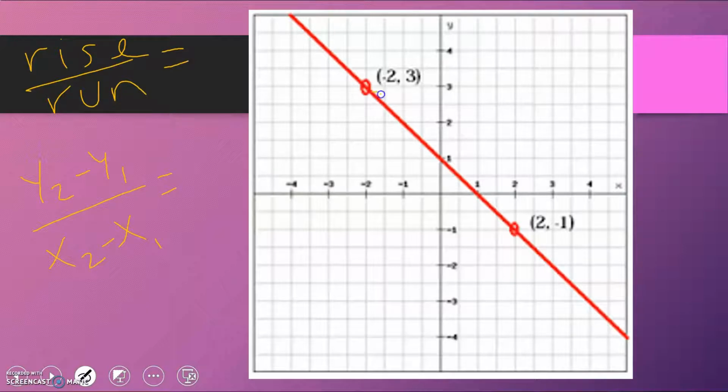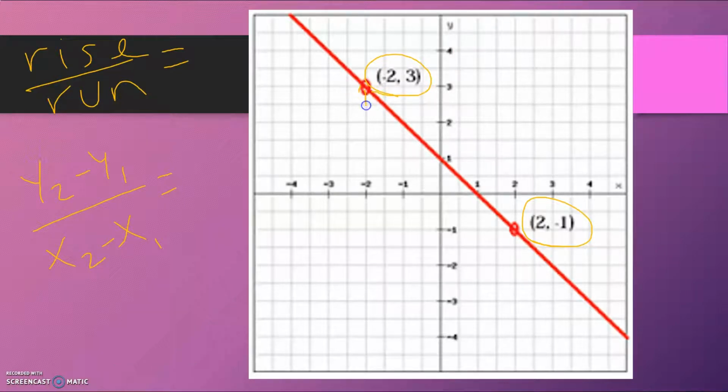So the first one is -2, 3, and the next one is 2, -1. So if we're just doing rise over run, you can count from one point up to the next. So I always work from left to right. So I'm going to start with this point over here. And we are going to technically fall.